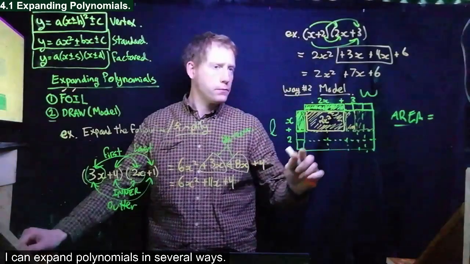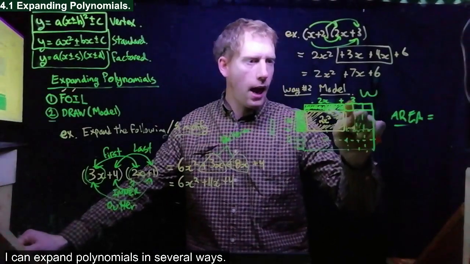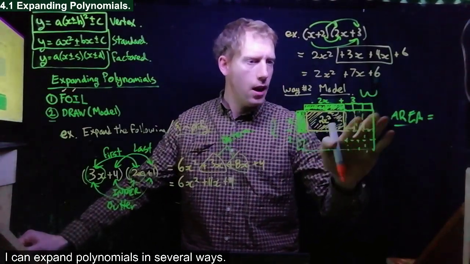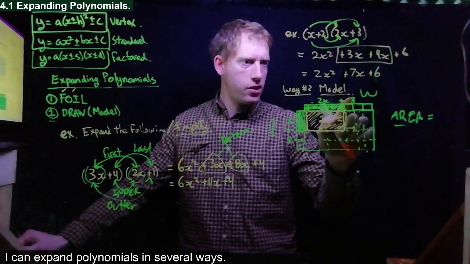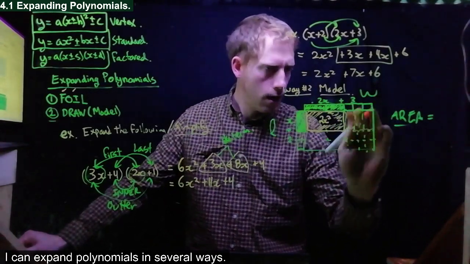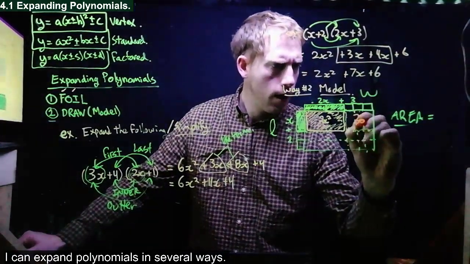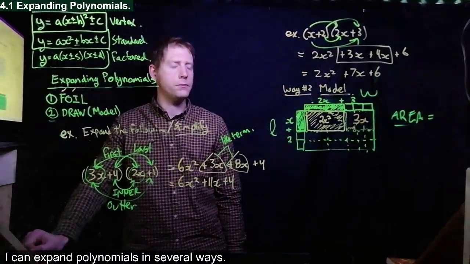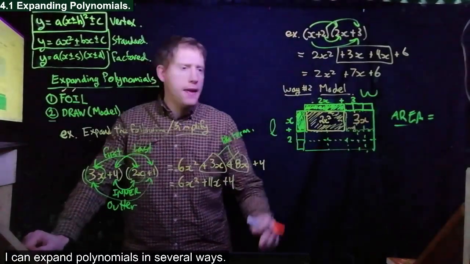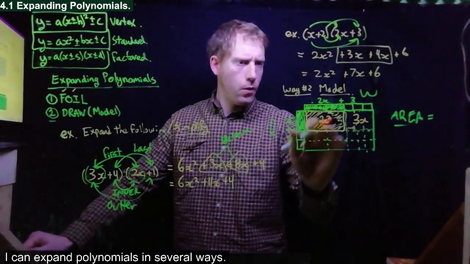And then in each of these other boxes, what am I going to have? Well, I have 3 of these. This is going to be x times 3. The total area of this box right here is going to be 3x. And then continuing on, I have 2 times this.